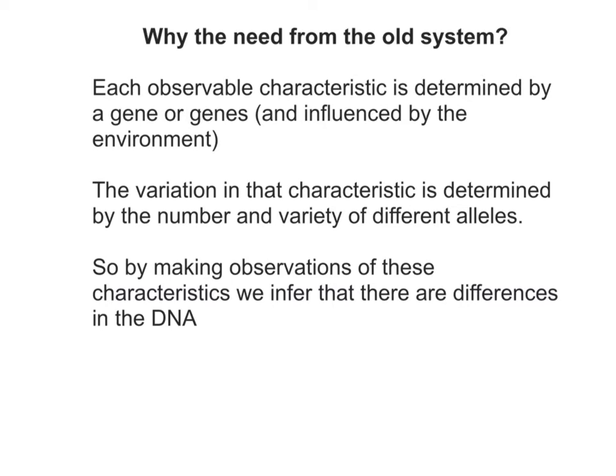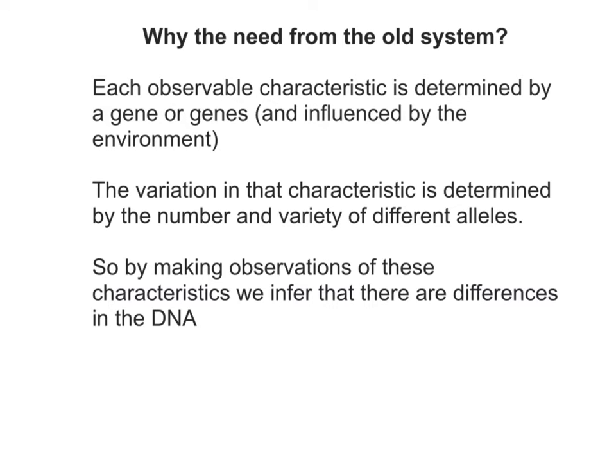So if you take something like your skin tone, it will be determined by the level of a protein pigment called melanin, which is decided by the genes you have for melanin production. But obviously if you spend a lot of time outside in direct sunlight, you actually affect the expression of that protein, i.e. how much melanin you produce, because you produce it to protect your skin. As a result of that, the observable characteristic of your skin type would be slightly different.